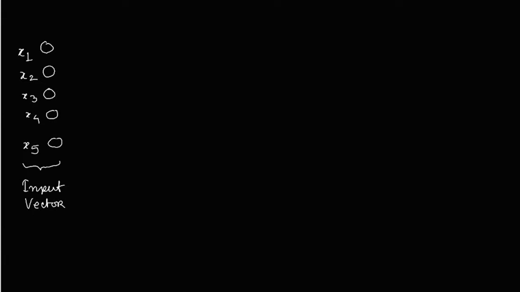So what we are assuming is that we have 5 inputs which we call x1, x2, x3, x4 and x5, and these are collectively known as the input vector pattern, where you can see that this vector x belongs to R^(n0 x 1).